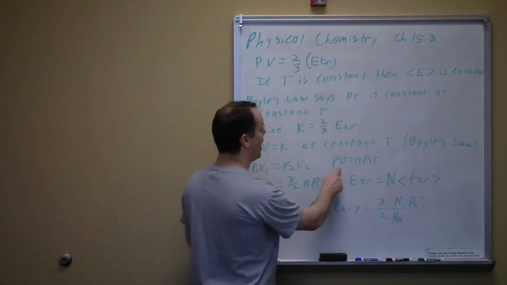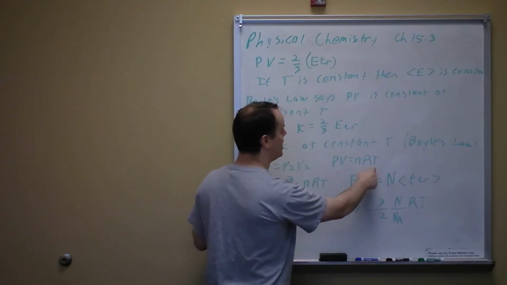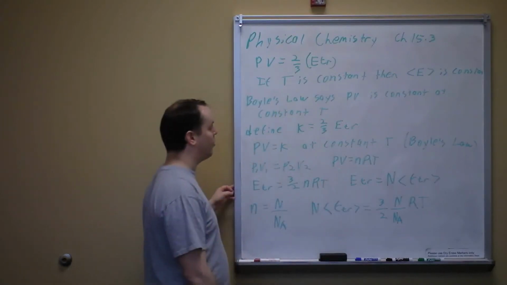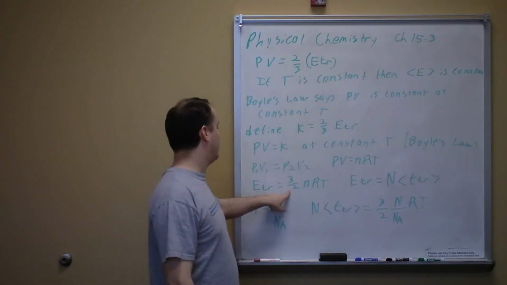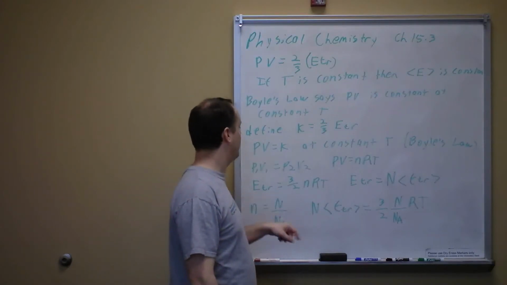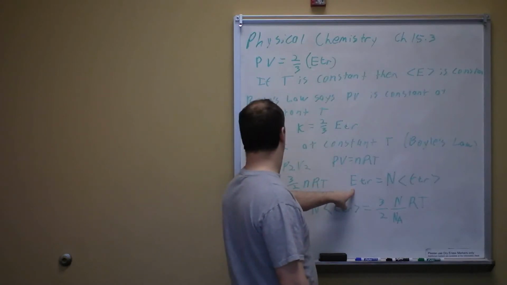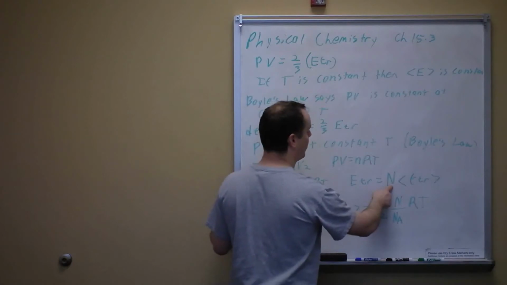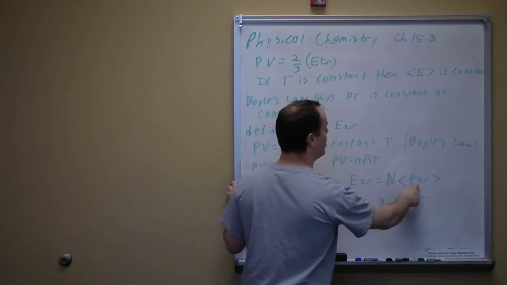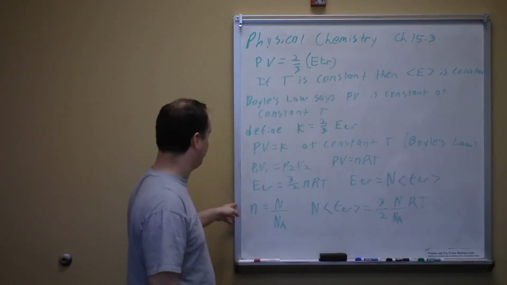And we also know for an ideal gas that pressure times volume is equal to nRT. Remember, lowercase n is the number of moles. So the total energy of translation is equal to 3/2 nRT. So we also know that the energy of translation is the total number of molecules times the average energy of translation.